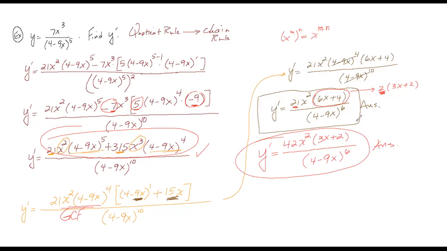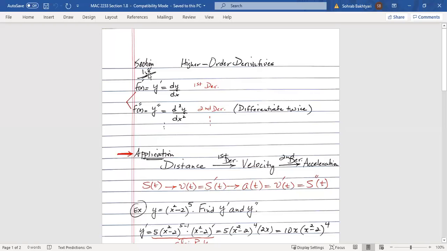All right, so then let's look at our notes on 1.8. That's section 1.8 on higher order derivatives. So if you see primes, that's the first derivative. If you see double primes, that's the second derivative. Okay, so you see f double prime, y double prime, or you'll see this notation, which also means the second derivative.